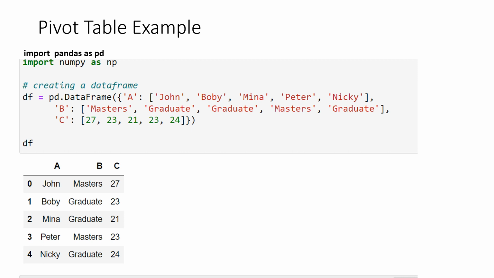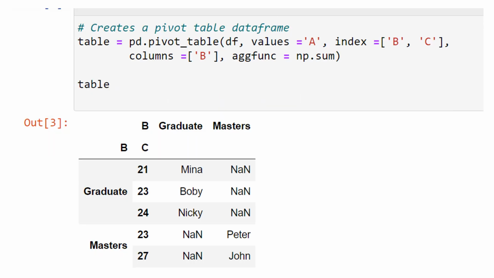Now if you want to create a pivot table with respect to qualification and age for the names of the candidates, then we can put qualification and age as the index field of the pivot table. To call a pivot table, first we have to use pivot table of Pandas. So pd.pivot_table, this is the function.